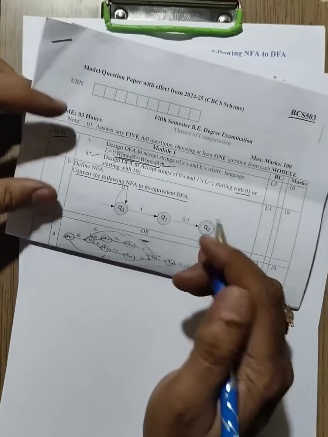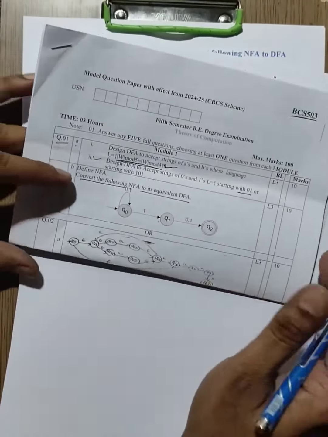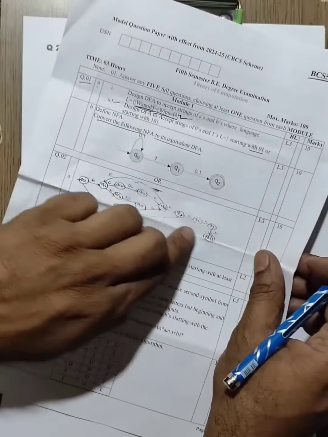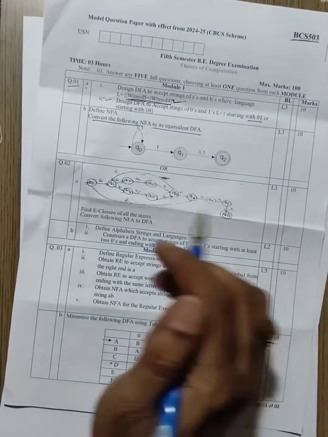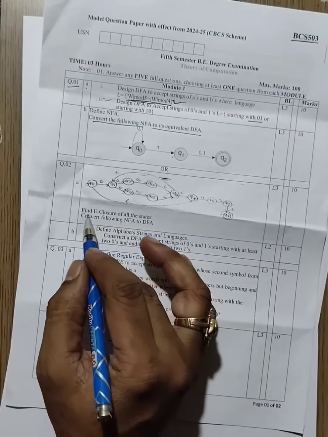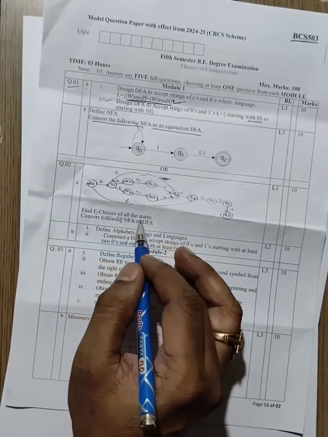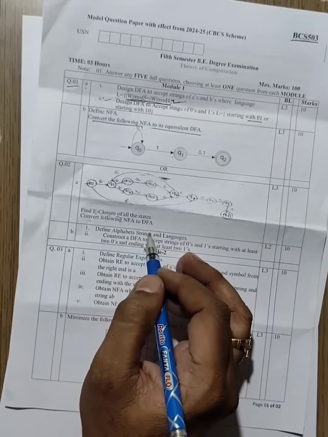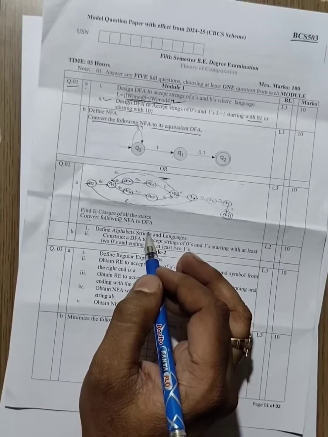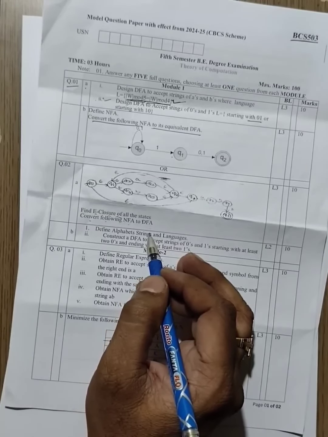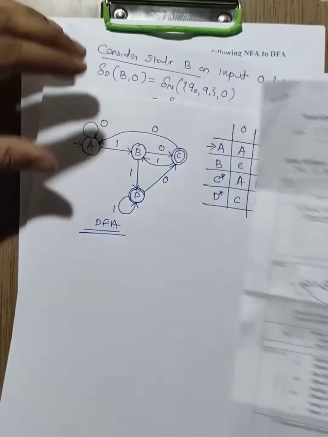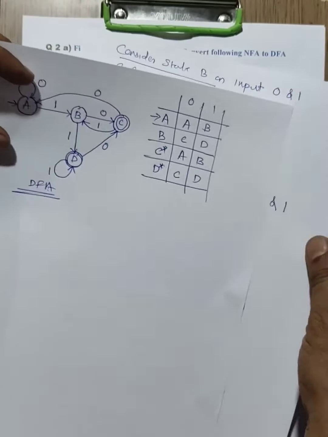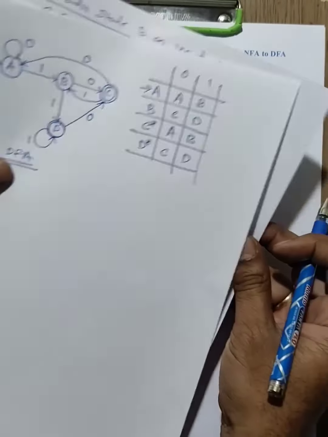Next question is question number 2A. Find the epsilon closure of all states, then convert the following NFA to DFA. Find the epsilon closure of each state. Epsilon closure means free transitions from the current state to the next state.